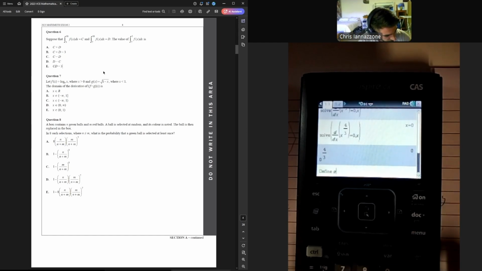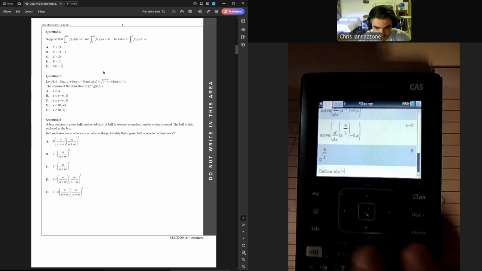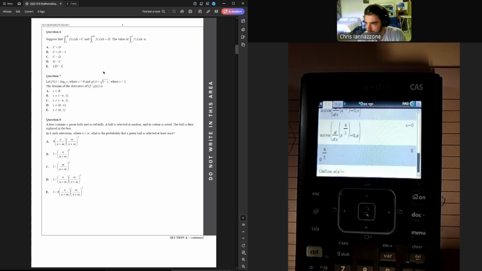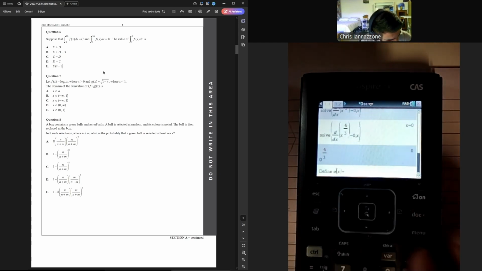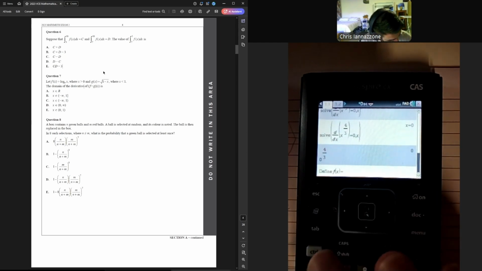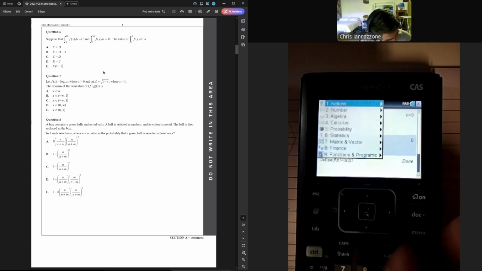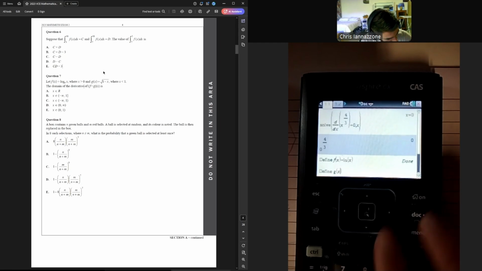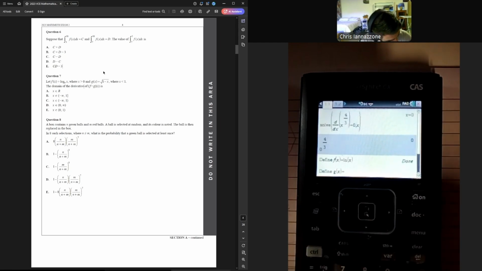So we can just make use of the define function in the CAS to help us out here. So I'm going to use the actual wordage. F of x is equal to natural log x. We have g of x, which is equal to root 1 take x.